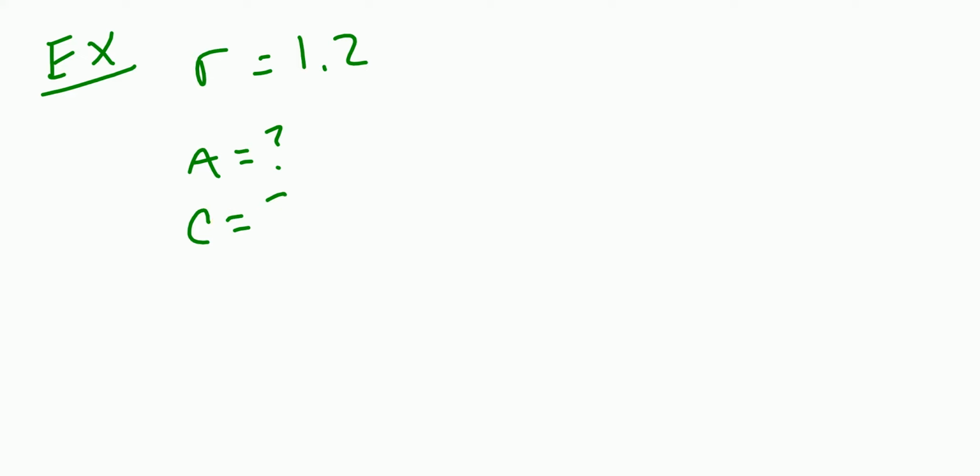Okay, so quick example, if I say that there is a circle with a radius of 1.2, what is the area and circumference?